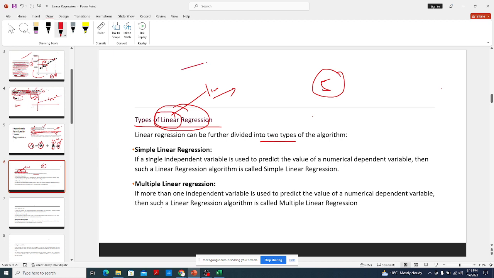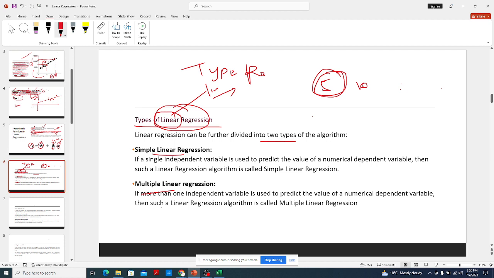But when it comes to types of regression, we have almost 5 types: simple linear regression, multiple linear regression, logistic regression, discriminant regression, and multinomial regression.